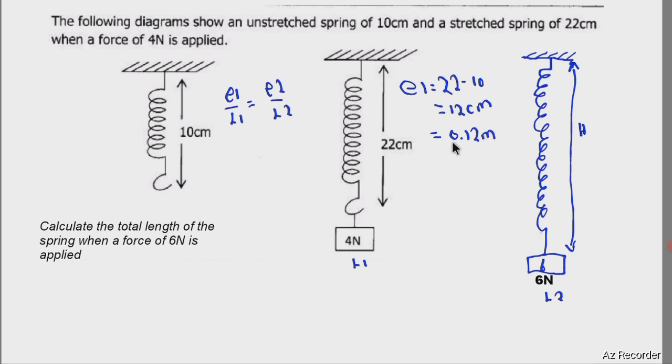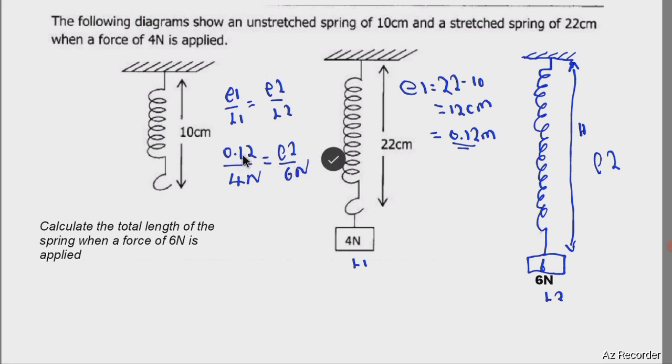Okay, so now our job is just to find extension 2. Using this formula, extension 1, we've said it's 0.12 over load 1, that is 4 Newton, is equal to extension 2 over load 2, which is 6 Newton.